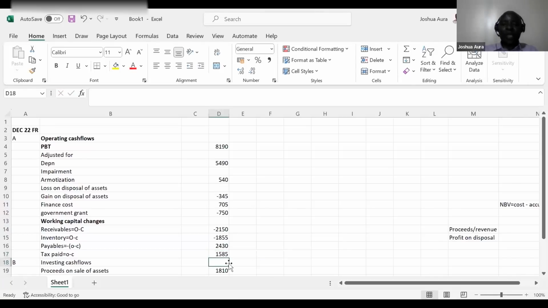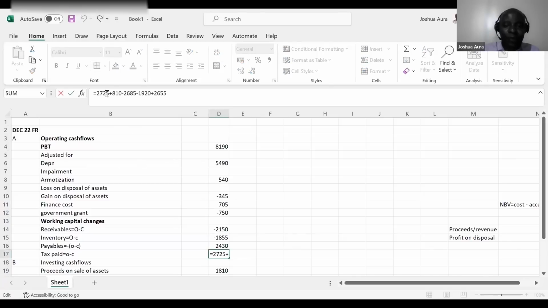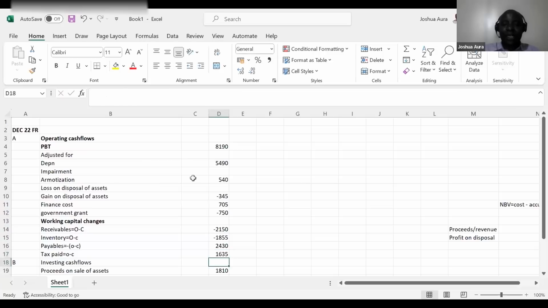And then I should be able to get an answer here. It is 27.75. Let me come back to this tax. Why am I getting different figures? It is 27.75. Let me put this 75 there. Will it make a difference?